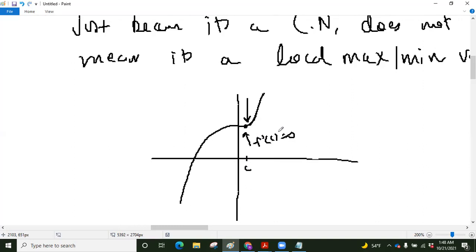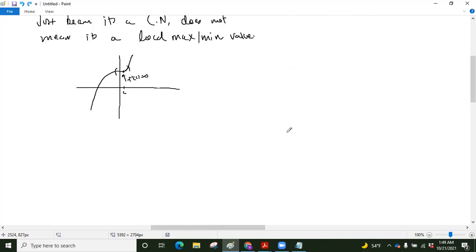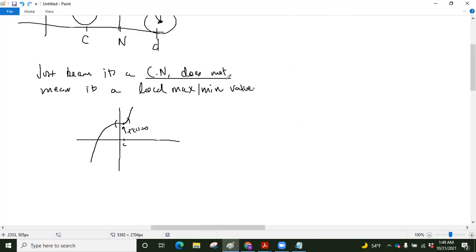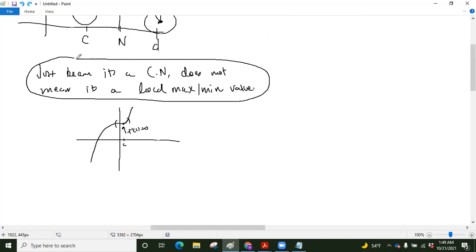It's also not an absolute maximum or minimum, because in this neighborhood there are points that are greater than this point, and there are points that are less than this point, on the other side where stuff starts decreasing. So it is neither a local minimum nor a local maximum, and yet it is a critical number. Just because it's a critical number does not mean it's a local maximum or minimum.